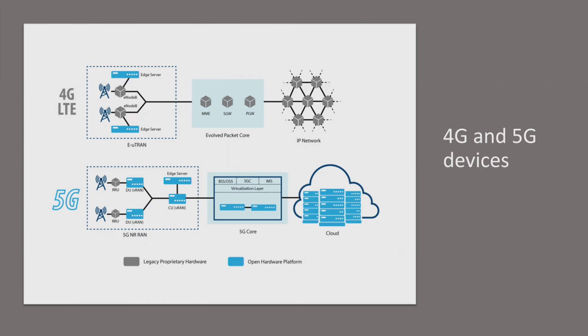You have this EPC, the evolved packet core, which comprises multiple devices: the MME, S-Gateway and P-Gateway. This is one of the initial points where your signal is connected, and the services get started from there.